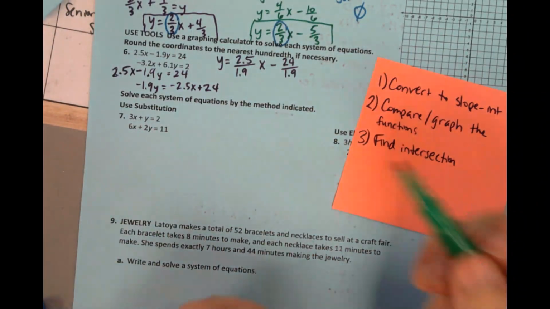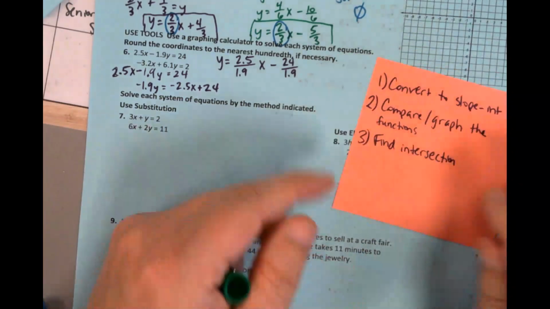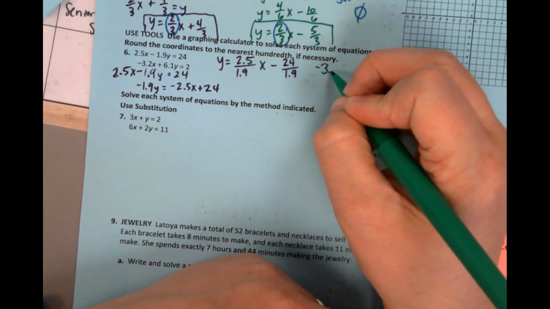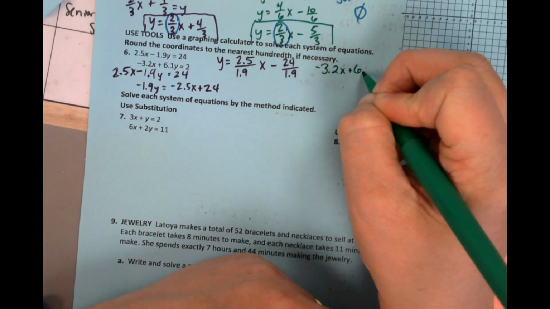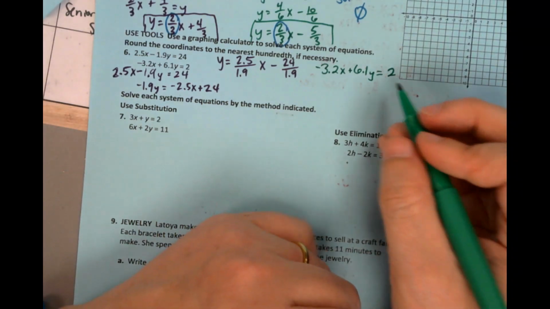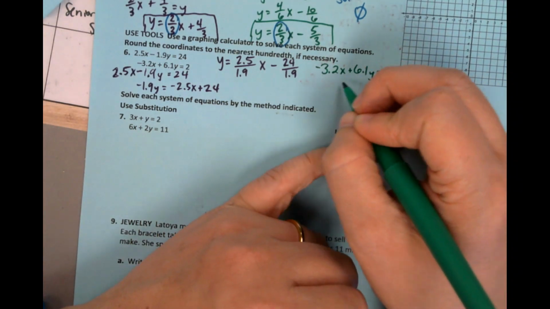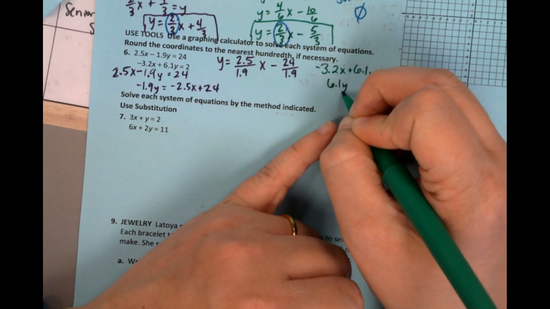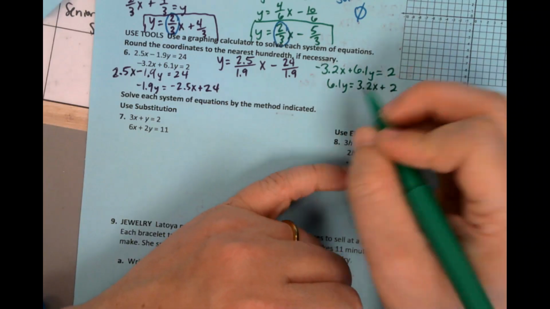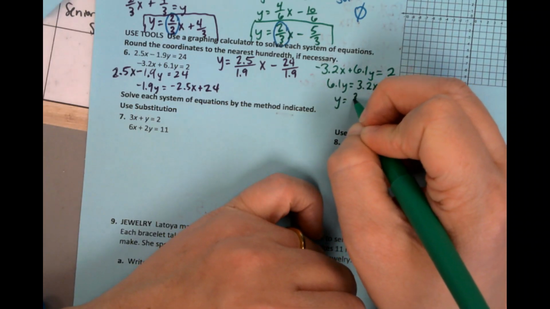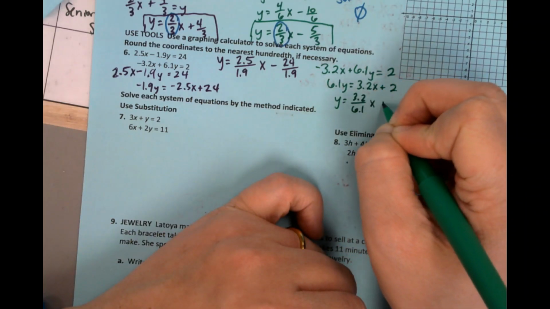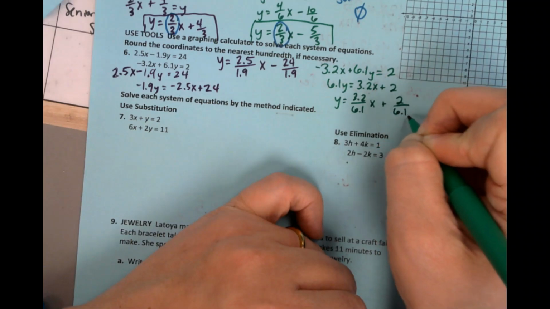My second line, negative 3.2x plus 6.1y equals 2. We're going to do the same thing here. We add the 3.2x, so 6.1y equals 3.2x plus 2. And now we're just going to write it 3.2 over 6.1x plus 2 over 6.1.